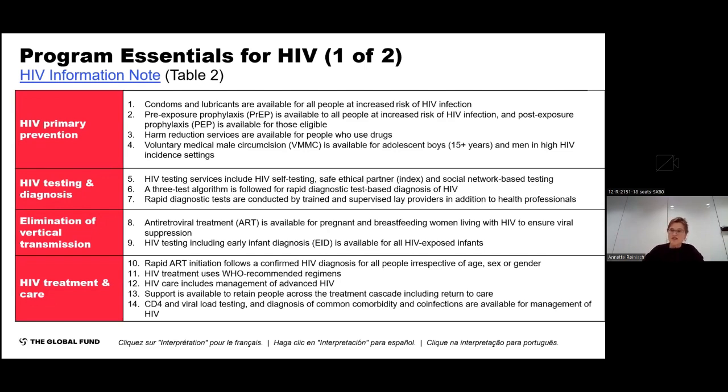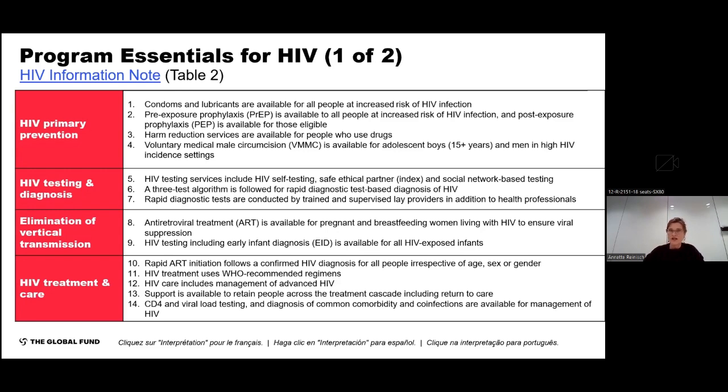The HIV program essentials are key evidence-based interventions and approaches to address the ambitious goals set out in the HIV-related strategies and technical guidance, such as from UNAIDS, the WHO, and the Global Fund. The HIV program essentials span across the intervention areas which I have just presented, which are prevention, testing, treatment and care, elimination of vertical transmission, TB-HIV, differentiated service delivery, and human rights.